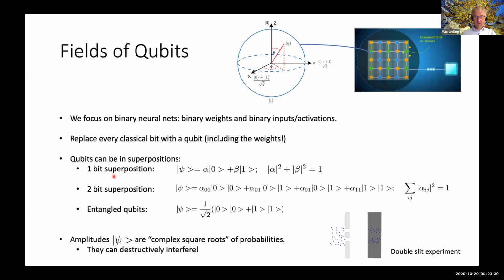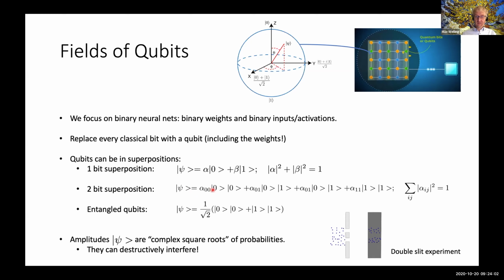And so, okay, what does a qubit look like? Well, a normal bit is a 0 or a 1, but a qubit is basically a complex combination of those two possible values, such that the absolute value of alpha squared plus beta squared is 1. So alpha and beta sort of lie on a circle, which is this circle here.